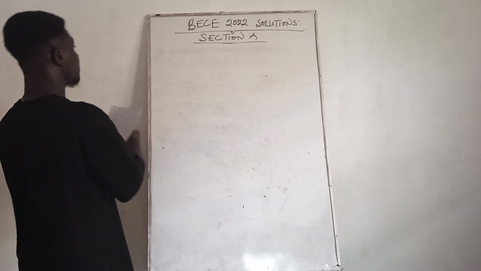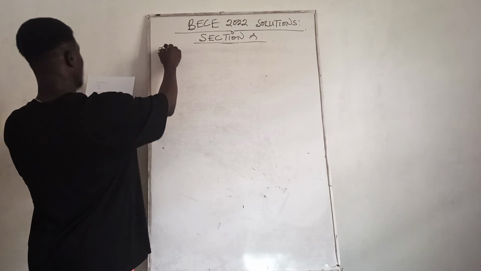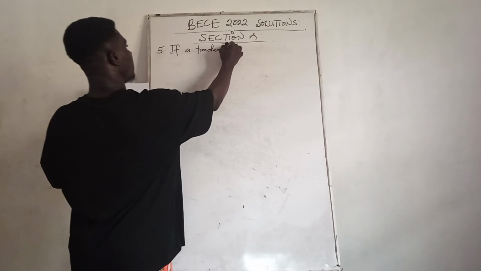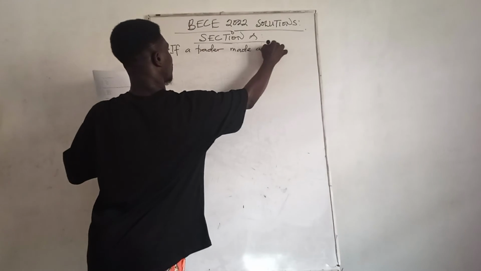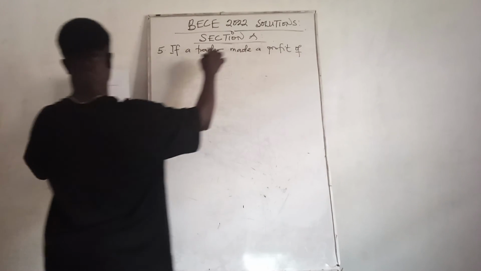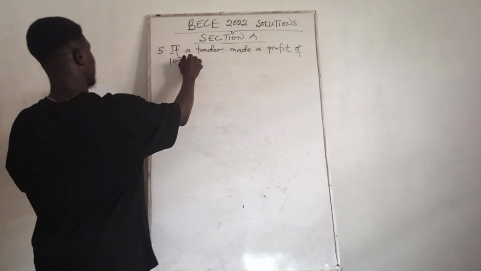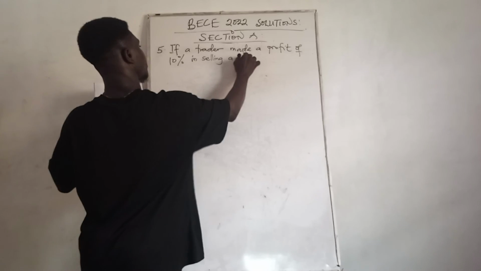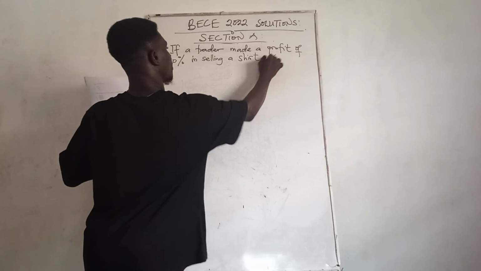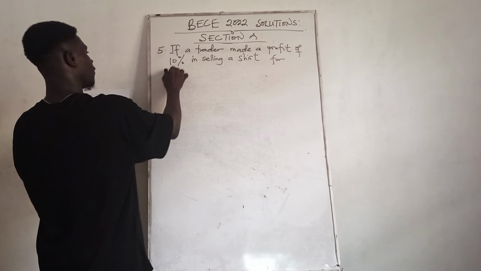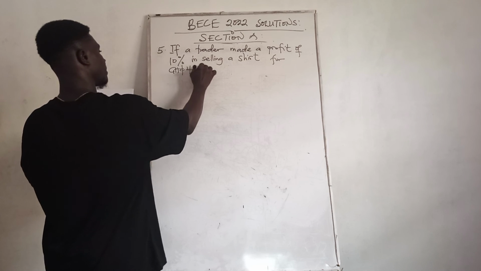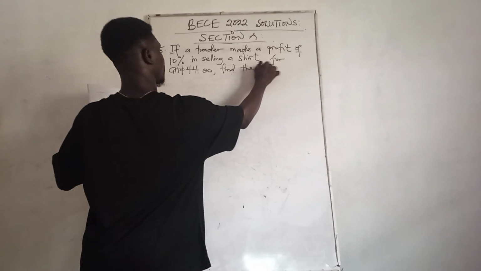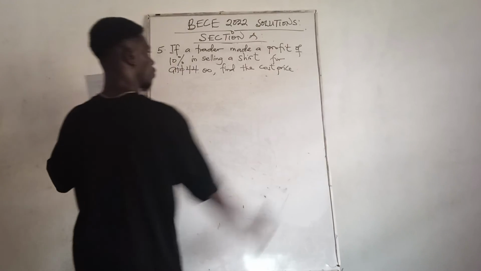Question 5: if a trader made a profit of 10% in selling a shirt for 44 Ghana cedis, find the cost price. You have to find the cost price.